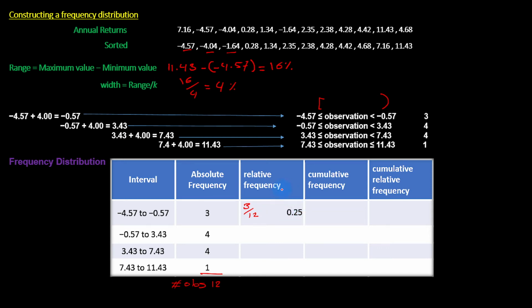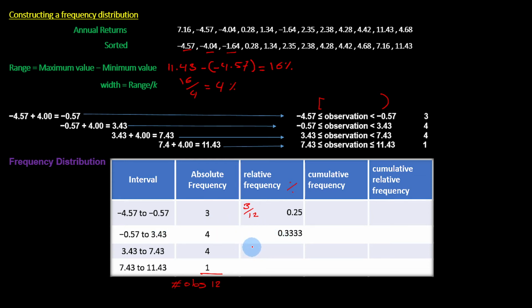It is sometimes better to express the relative frequency in terms of percentage. That will make more sense. So that's telling us 25% of the observations are in the first interval. The next interval will be 0.33, and the 3 goes on, so 33.33% of the observations are in here.